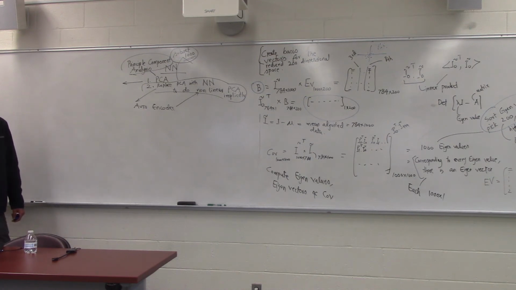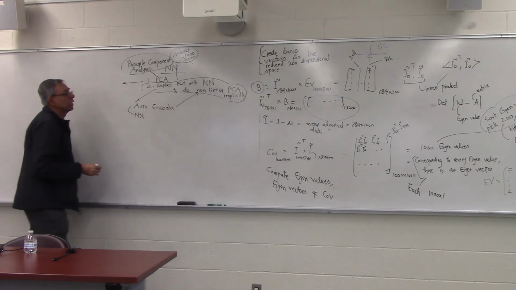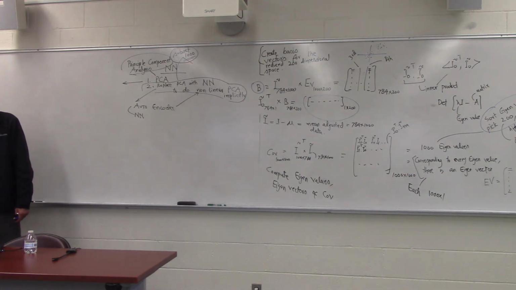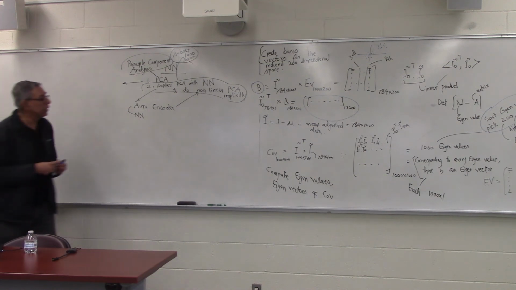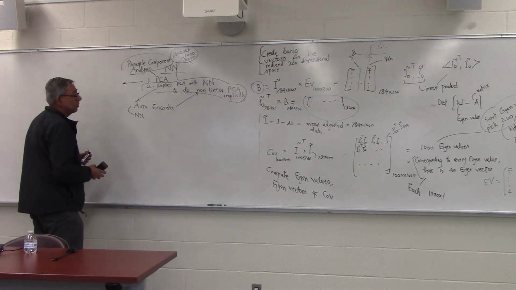And also this is a neural network, so we don't have to write the code where we call a library to do the PCA and then feed it to a neural network. Everything becomes one network. So let me give you the idea of the autoencoder.